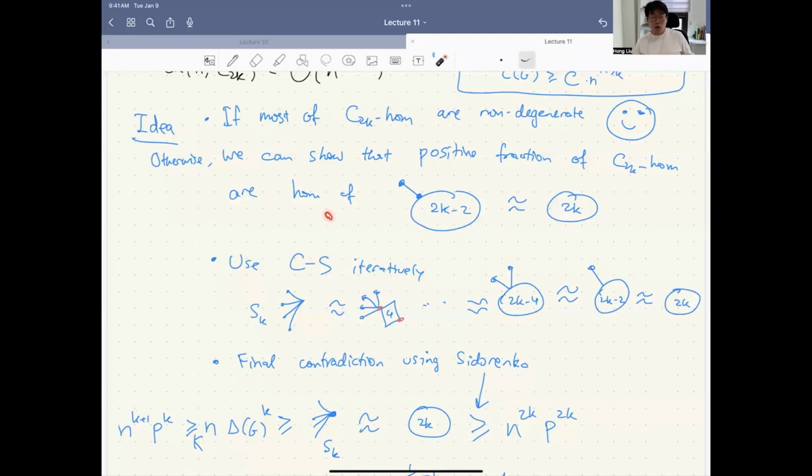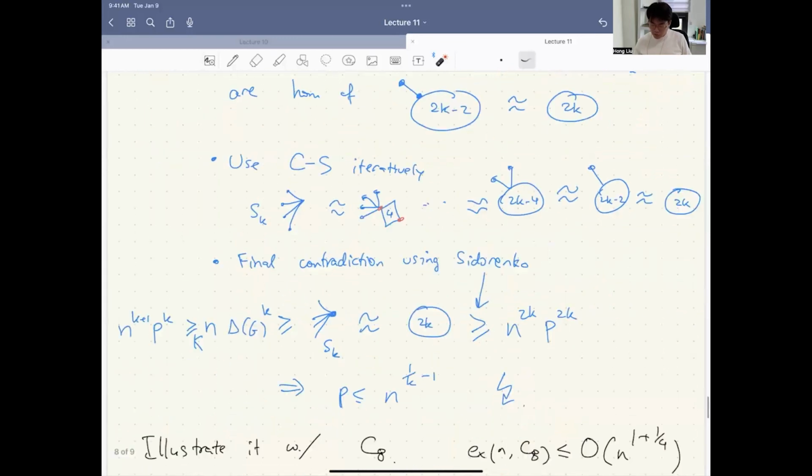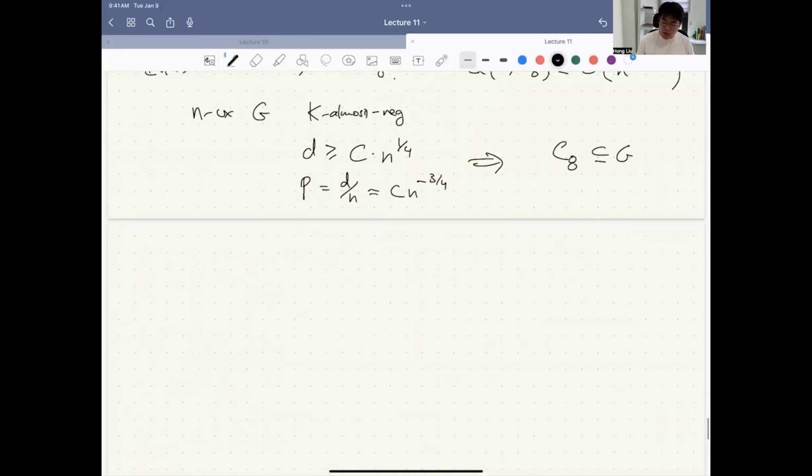So let's look at the largest degenerate copy that only identifies 2 vertices. For C8, there are only 2 kinds of largest degenerate homomorphism.